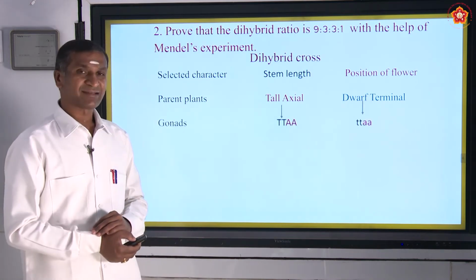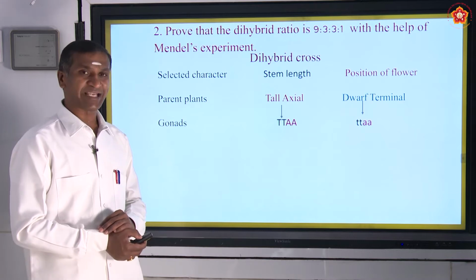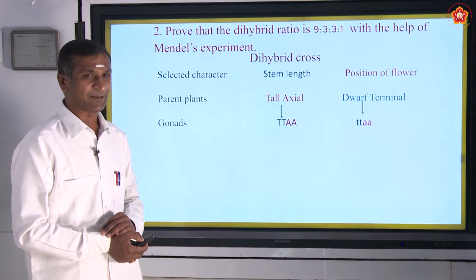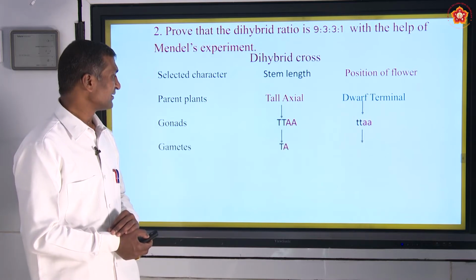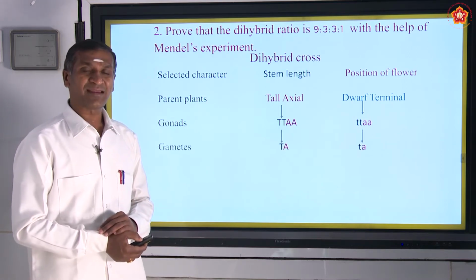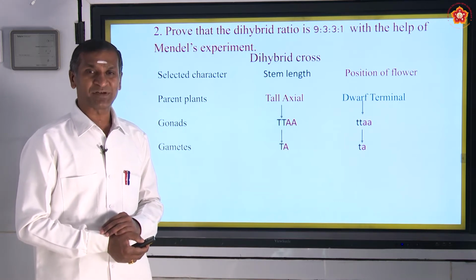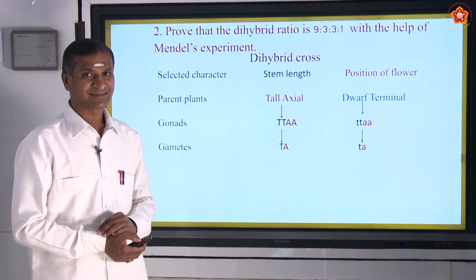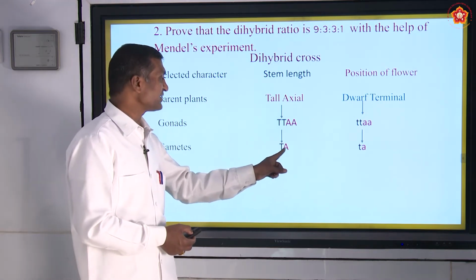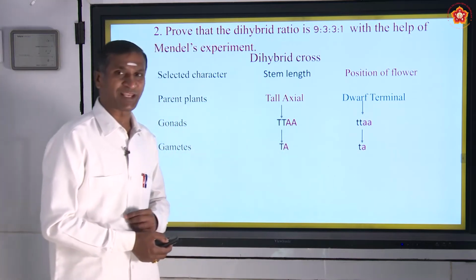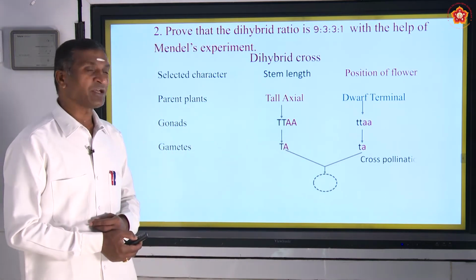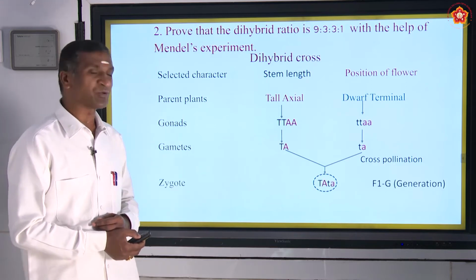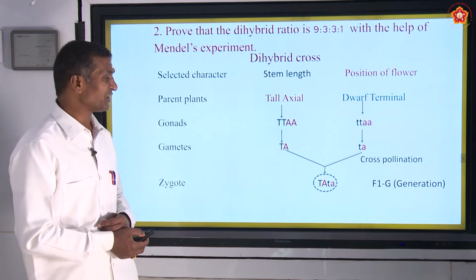The genotypes are capital T, capital T, capital A, capital A, and small t, small t, small a, small a. The gametes: the diploid number is reduced to haploid during meiosis. So, capital T, capital A and small t, small a. They undergo cross pollination and fuse, and the zygote is formed, the F1 generation.